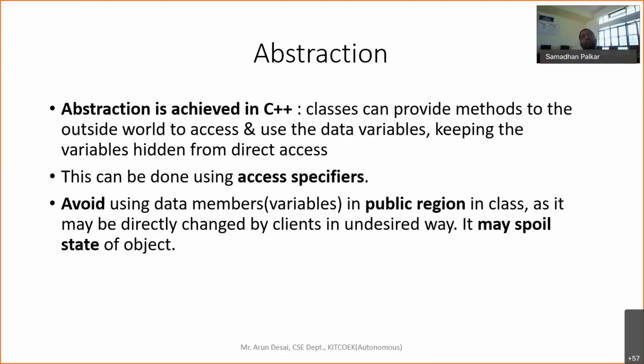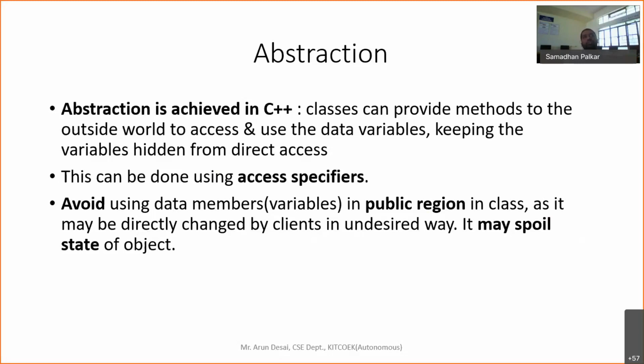If you bundle those within a class and they are inaccessible outside the class, that is treated as abstraction. If you keep those variables hidden from direct access by a different class in a program, that is treated as abstraction. This way we can achieve abstraction in C++.